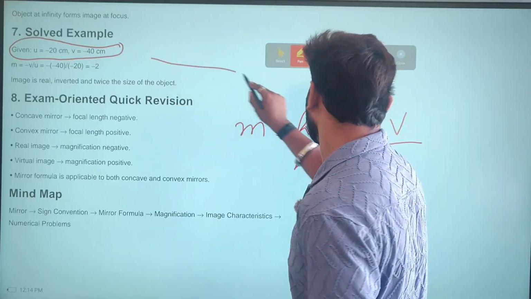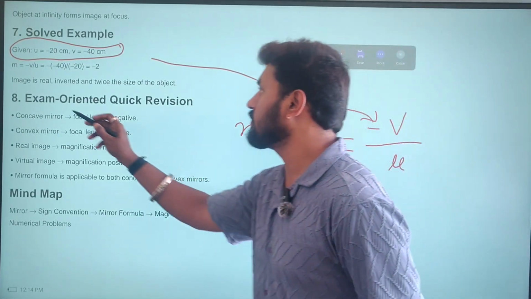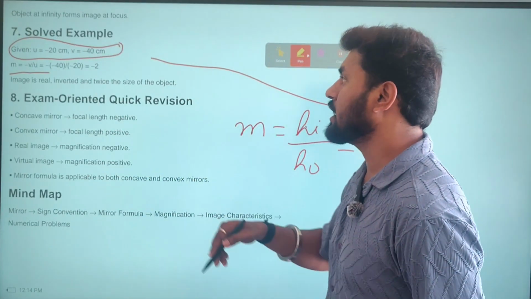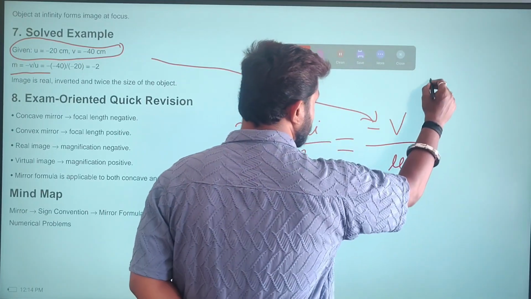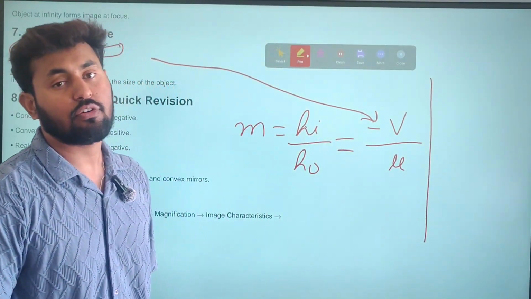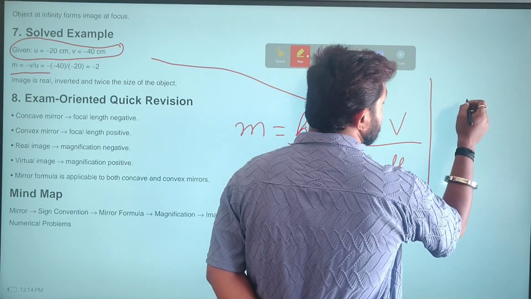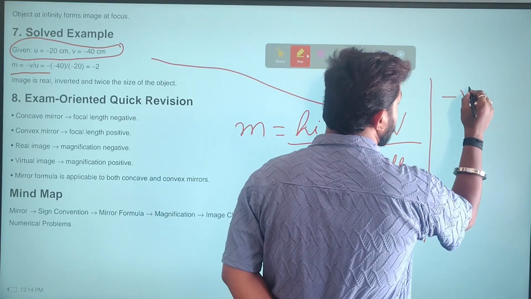Hence, we will have to use this formula. And if you calculate it, you will get -2. Now, why am I getting -2? Because as you know, in concave mirror, distance is taken as negative.